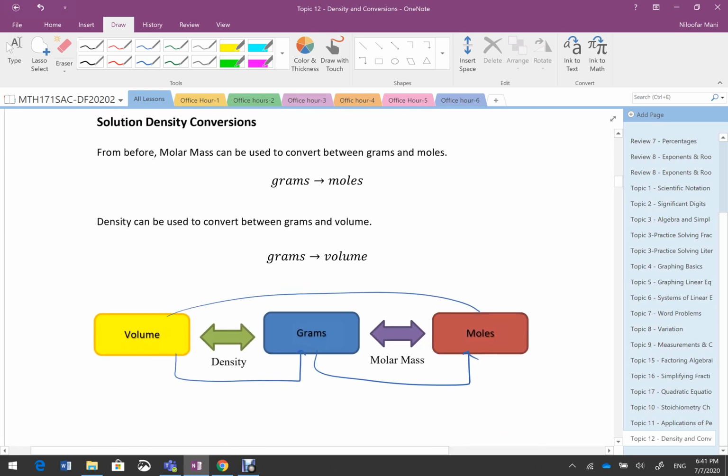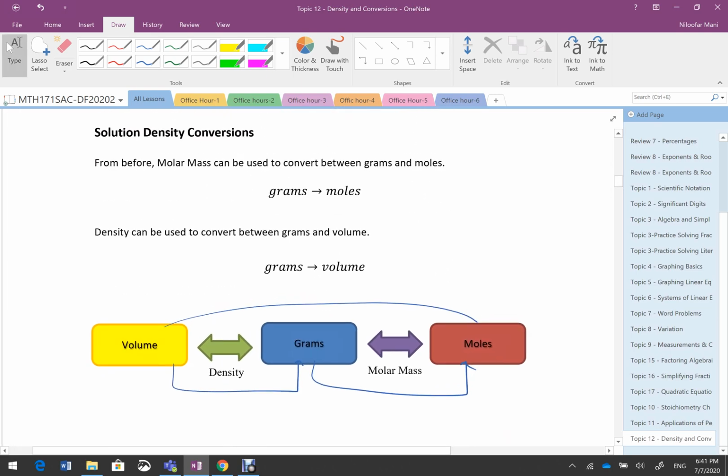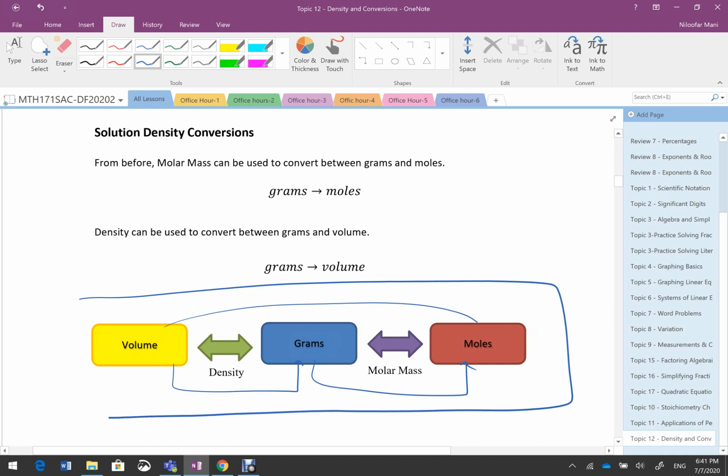So how do we do these questions? These questions are the same as this table here, which was given to you before. Maybe I give you mole and I want volume, the same as pure water, which I did. I know I can go from mole to gram, that's the lesson before, molar mass.